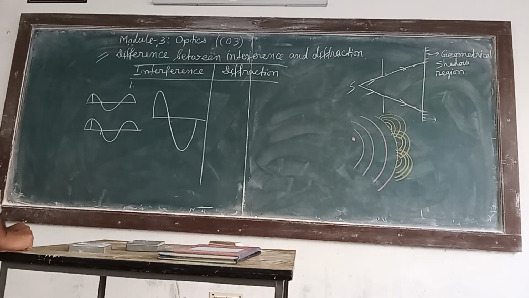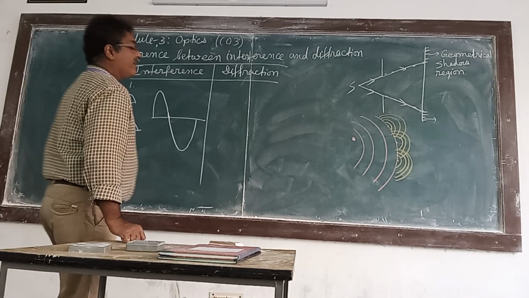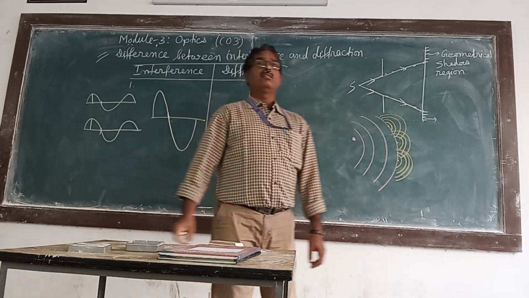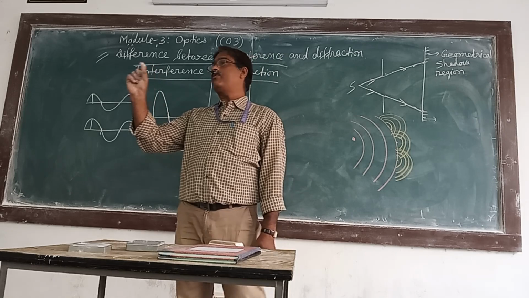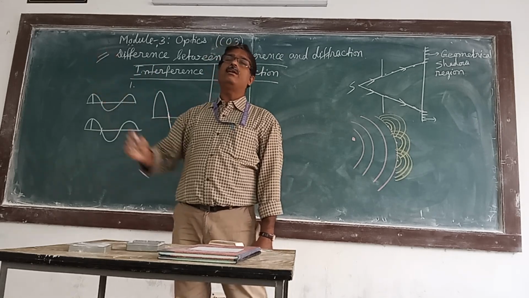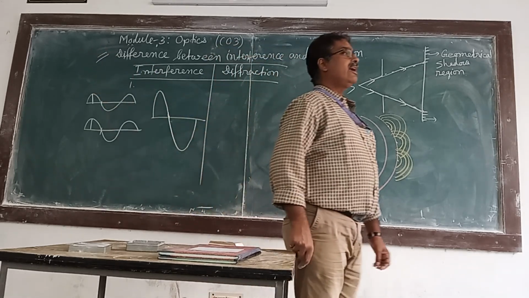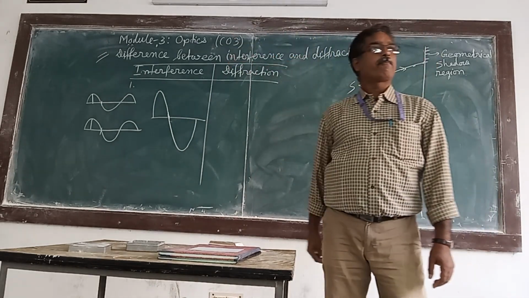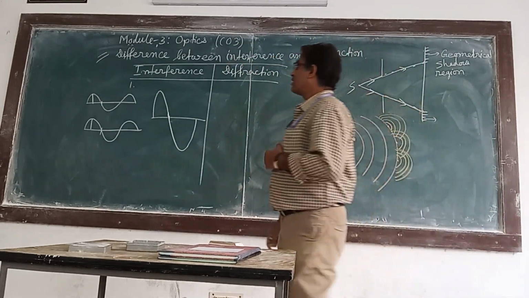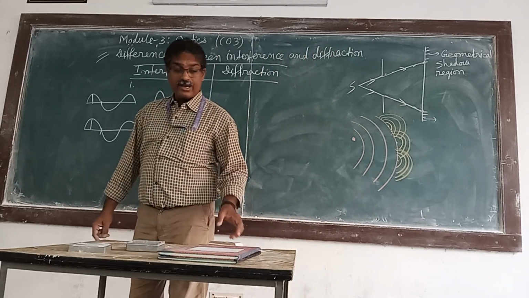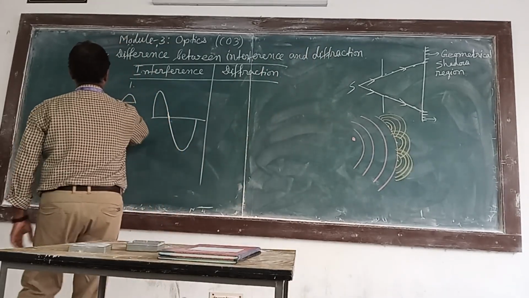As I told you, in case of laser also you can see that the intensity of the bright fringes decreases and ultimately it vanishes. We don't get any intensity after some order. So these four are the differences between interference and diffraction.